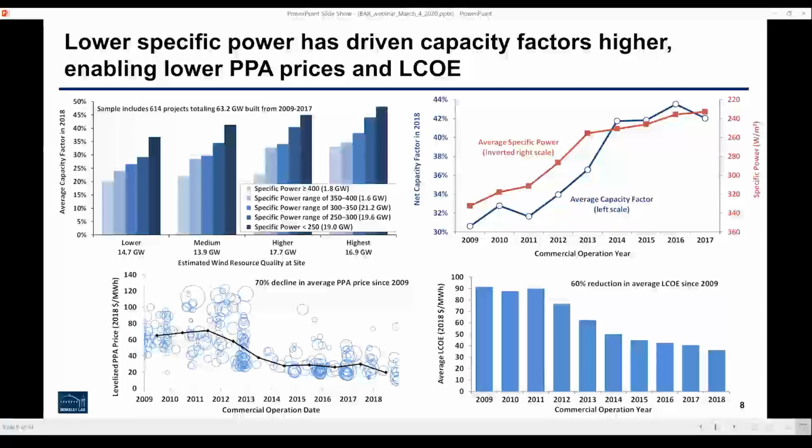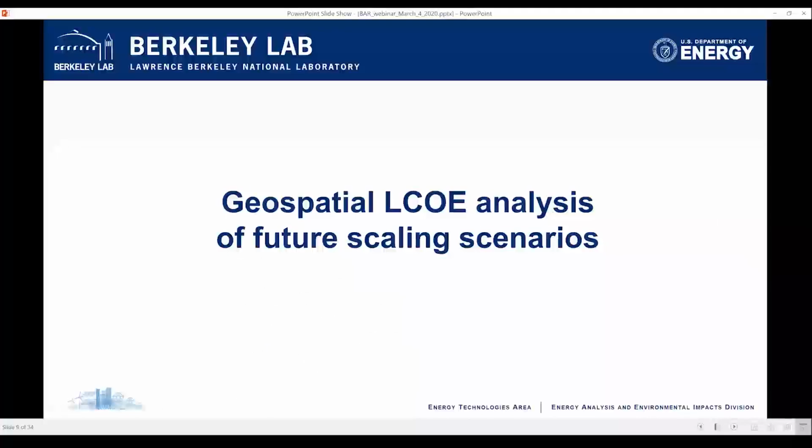So this trend toward lower specific power turbines has clearly been beneficial to date, but the question that we looked into is whether this trend is likely to continue going forward. And so to answer that question, I'm going to turn the mic over to Eric Lantz, who will run through NREL's geospatial analysis of future scaling scenarios.